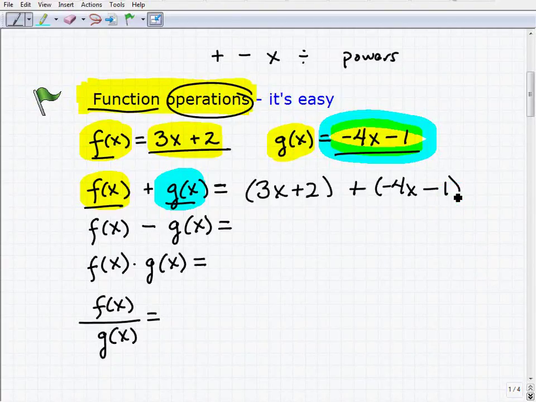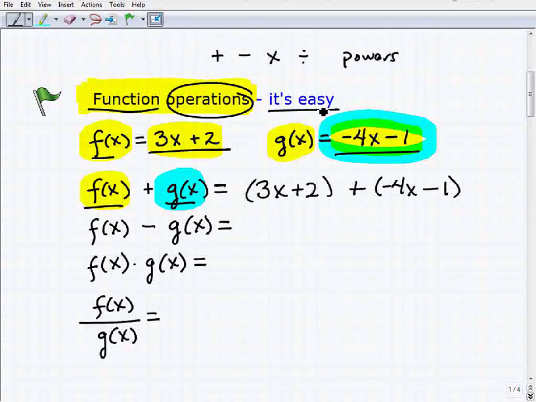It's very logical. These function operations aren't difficult, and I think they're actually rather easy. There are some pitfalls, and we're going to talk about them in a lesson, but that's basically all we're going to be doing here, is combining two functions, just as I did here, in some manner, and simplifying them.